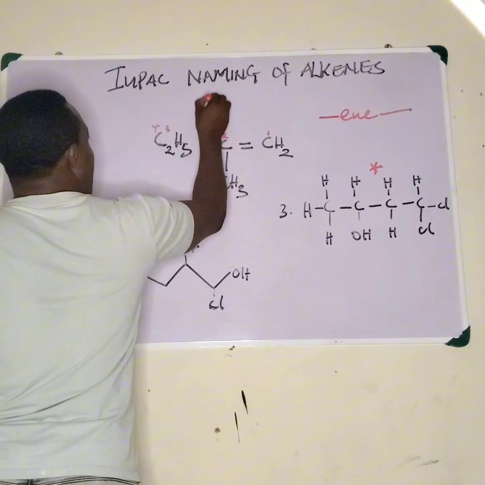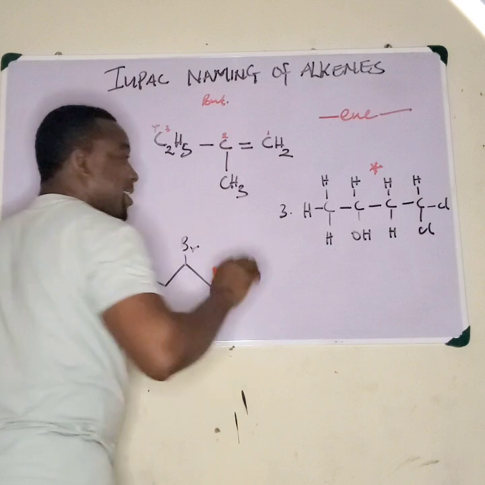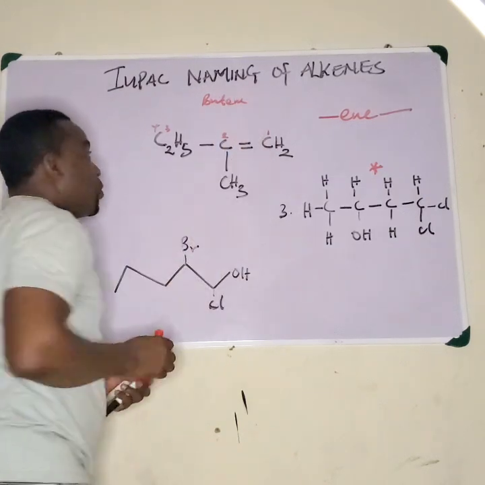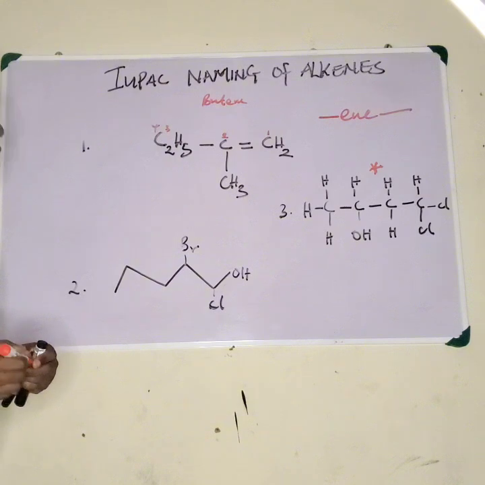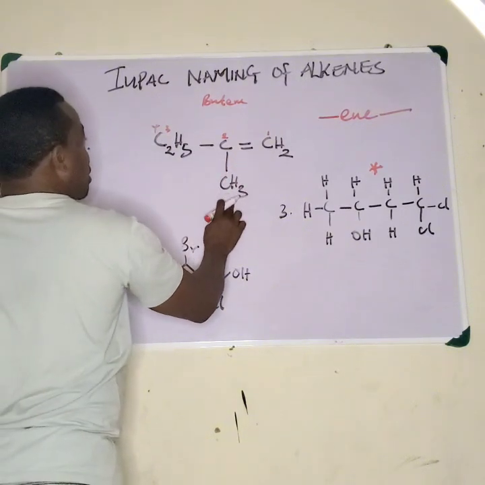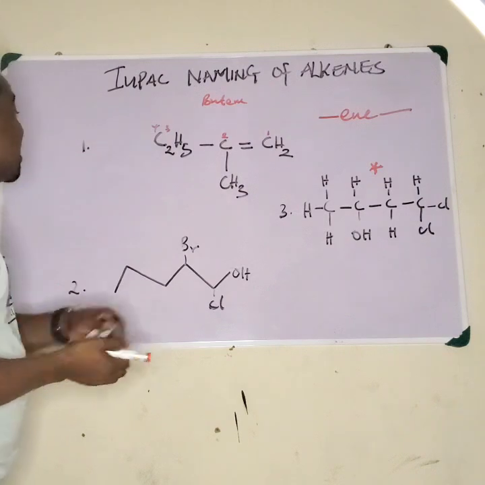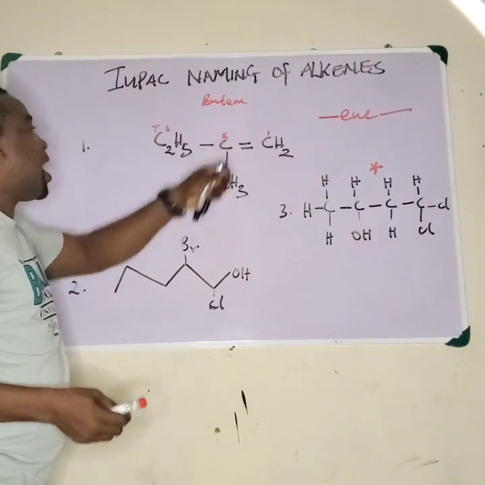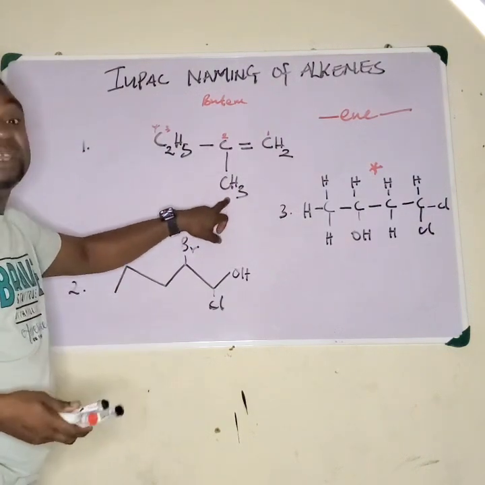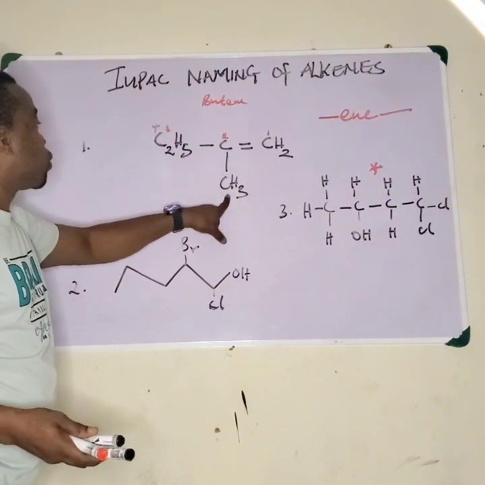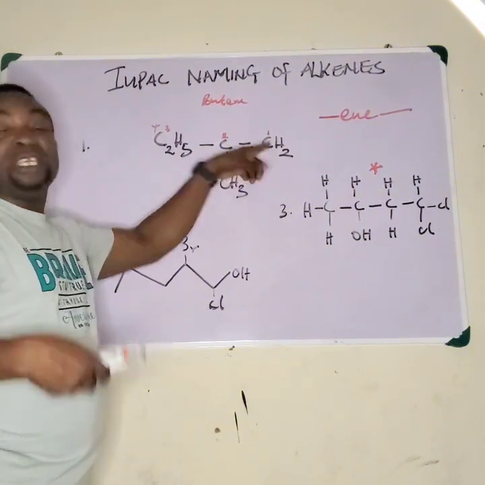So we are having something like but, which is butene, because we have a double bond and it's 4 carbons. Now look at the position of this. We have a methyl group attached to this. We do not have any other substituent rather than the methyl group. So in naming this, methyl is at 2, and the double bond is at 1.